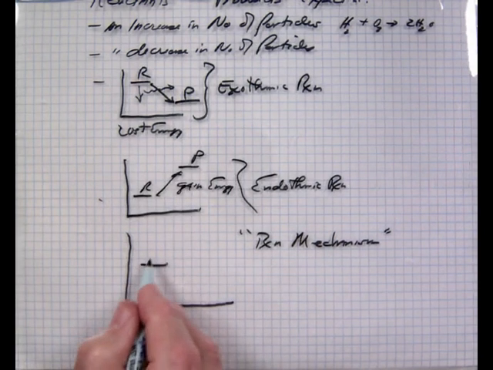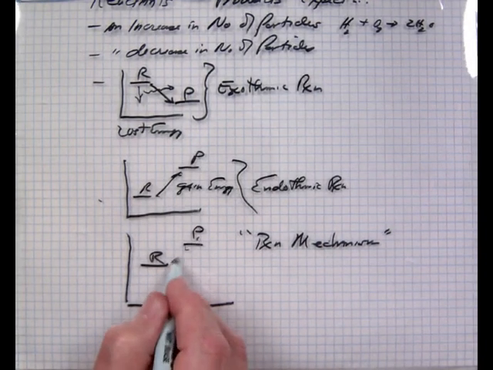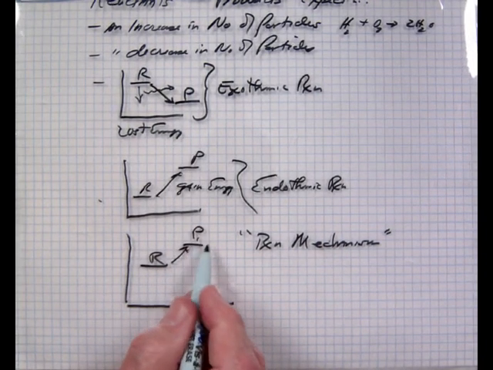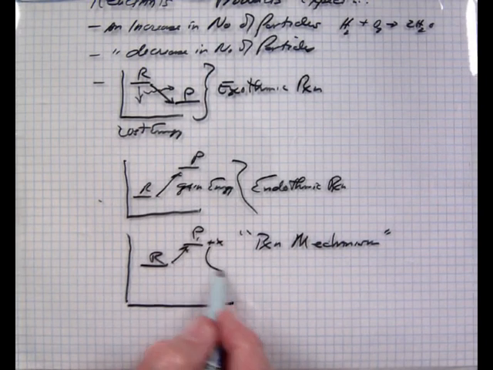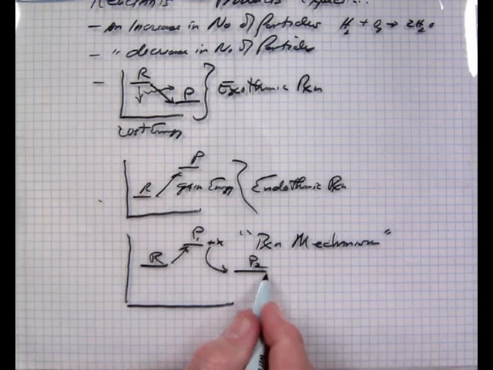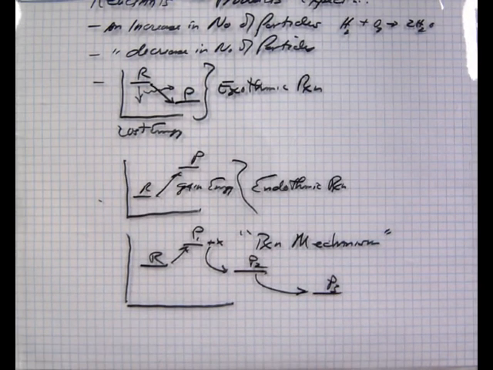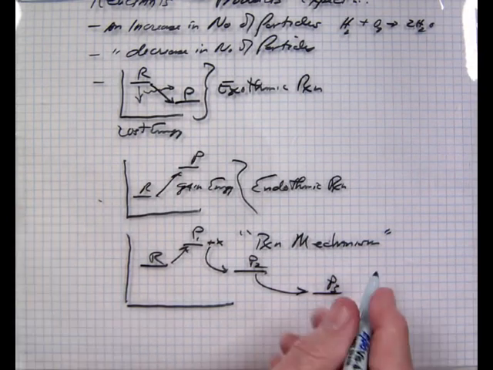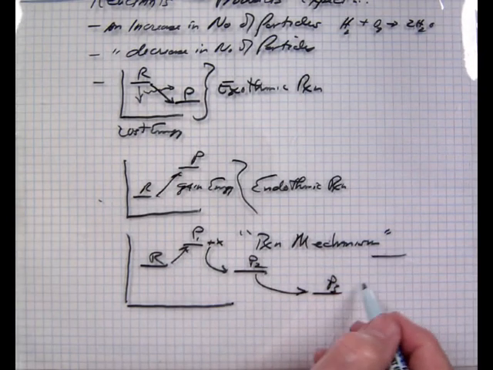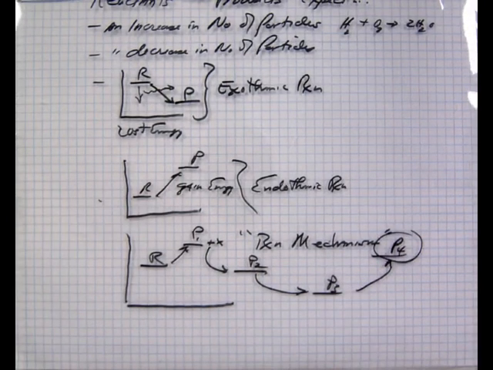You might start with some reactants here and make some products, one here. Then these products will react with something else and then make something else down here, products 2, which then react and make something else, products 3. And then it reacts with something else and winds up with product set 4, which is the objective of the overall process. So it goes through a bunch of steps.